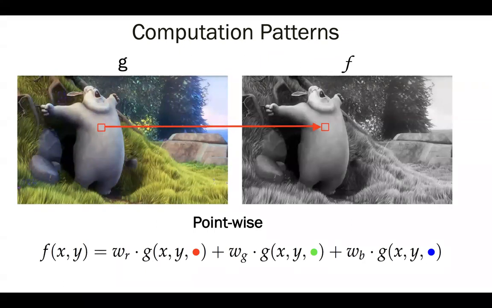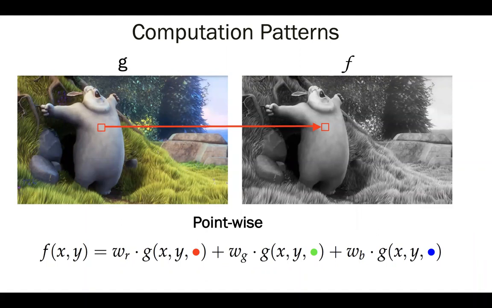For example, there could be a stage where we perform point-wise computations. What is a point-wise computation? Here we are taking the RGB channels and mixing them to generate an output pixel, so conversion of a color image to a grayscale image.